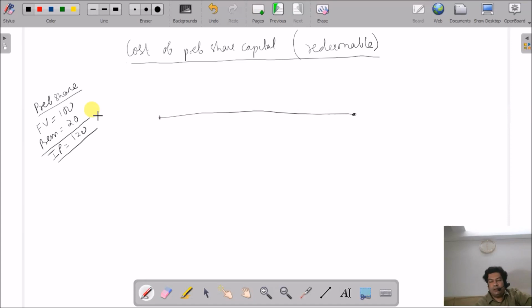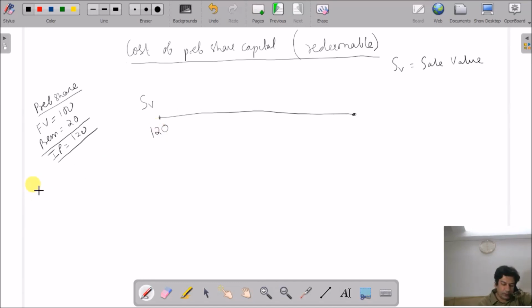So I have sold one preference share into the market and I have collected 120 rupees. So 120 rupees is called SV, the sale value. In other words, I have sold the preference shares in the market for rupees 120.